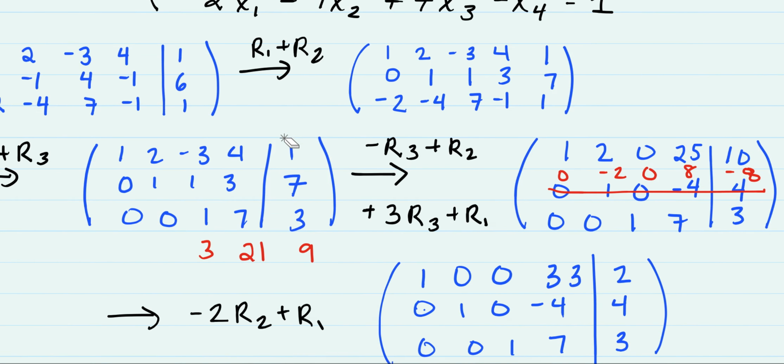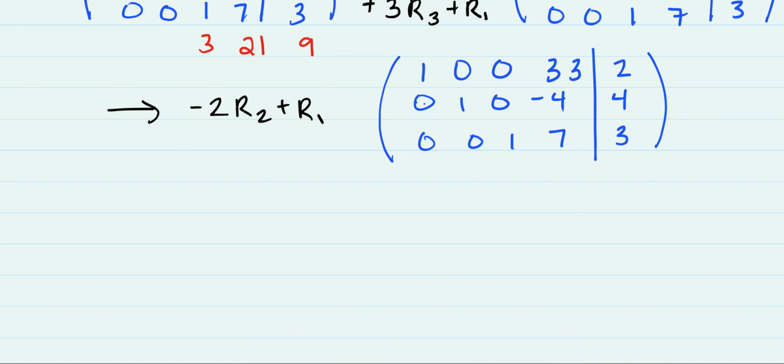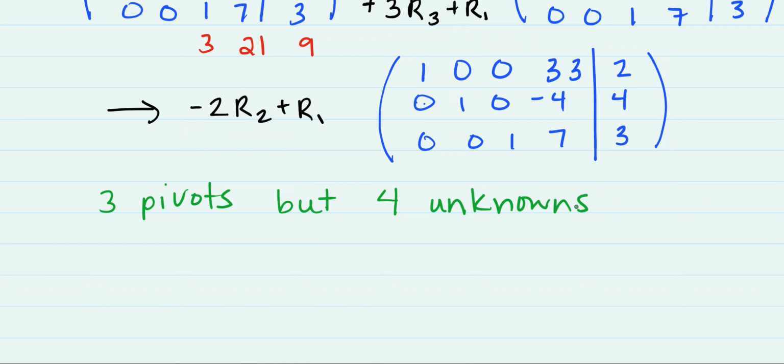So let me go down here. We have 3 pivots, but 4 unknowns. Okay, and remember that if we had the right amount of pivots as the number of unknowns, we would just have a bunch of zeros everywhere. Here we don't have that. So we're going to have infinitely many solutions, and let's write down those solutions.